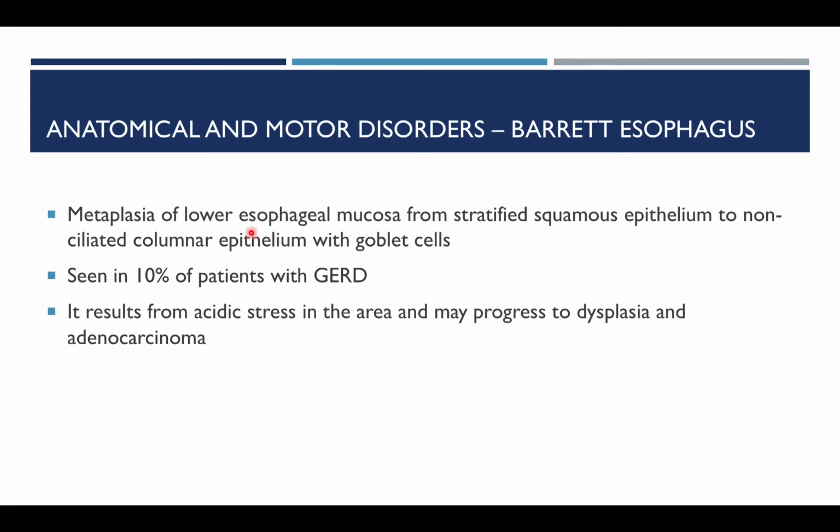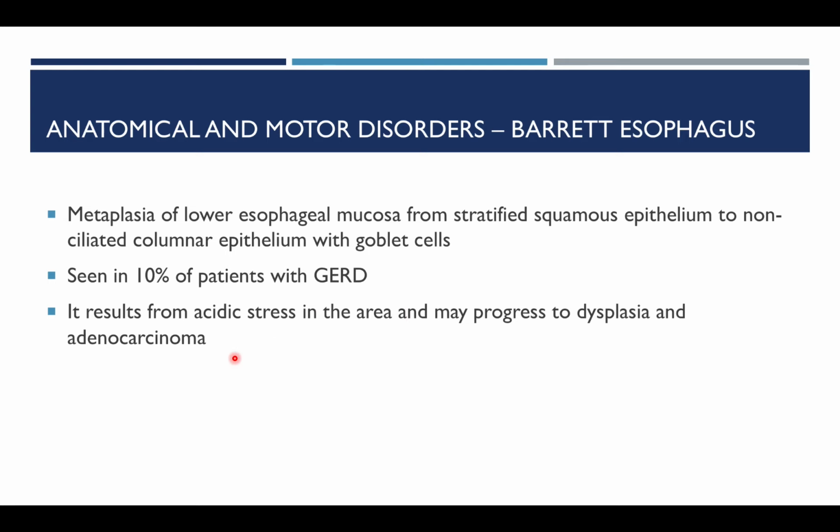It is the metaplasia of the stratified squamous epithelial tissue present in the lower esophagus to non-ciliated columnar epithelial cells with goblet cells. Barrett's esophagus is seen in 10% of patients with GERD, and it results from acidic stress in the area, and it can progress to adenocarcinoma.